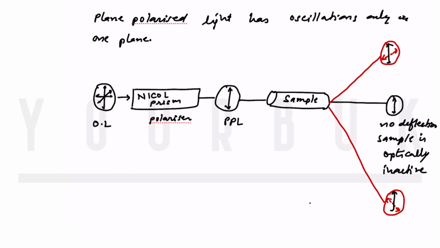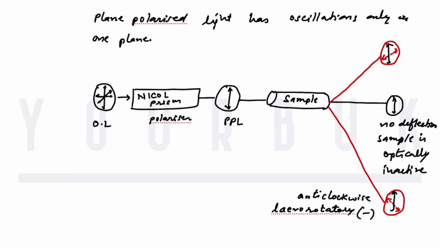So this is called anti-clockwise. But in both the cases, the sample is called optically active. This anti-clockwise is called levorotatory. We use a minus sign.